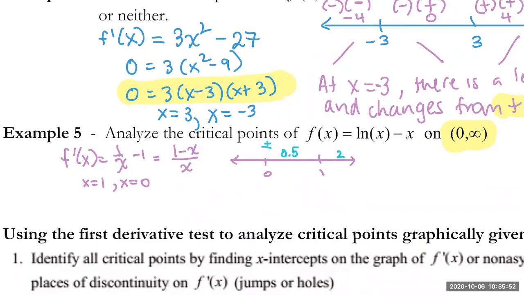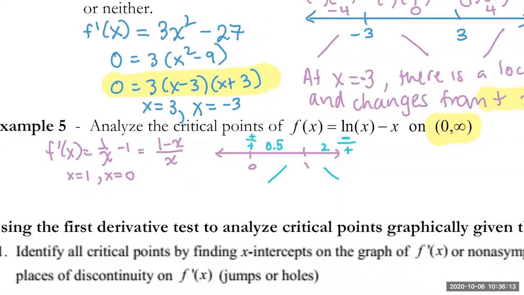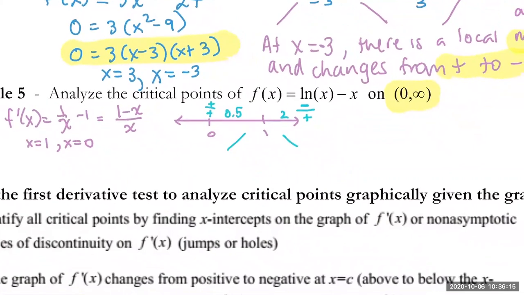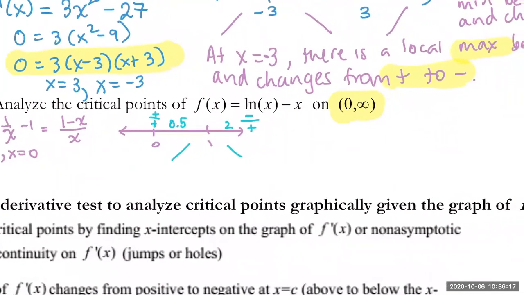A positive divided by a positive is positive, so therefore that's increasing. Then do the same thing for 2. And go ahead and write out your explanation.